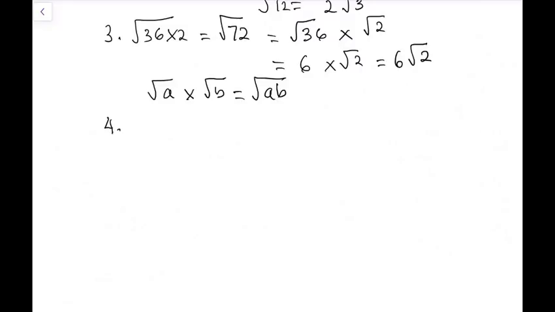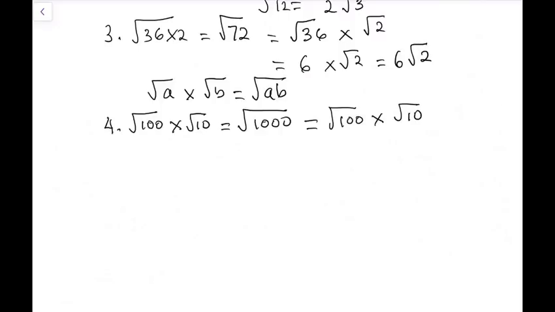So we'll go to number 4. So we have root 100 multiplied by root 10, and that gives us a square root of 1000. And we can break this further. So we have square root of 100 and square root of 10. So square root of 100 will be 10, and then we have 10 root 10.